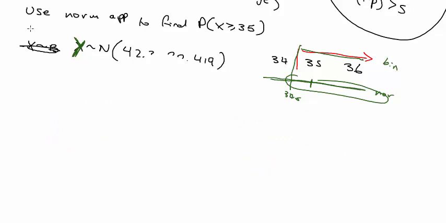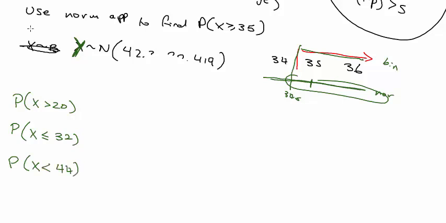So let's just do it, let's go through the four different types. X greater than 20, X less than or equal to 32, X less than or equal to 44, X greater than or equal to 7.